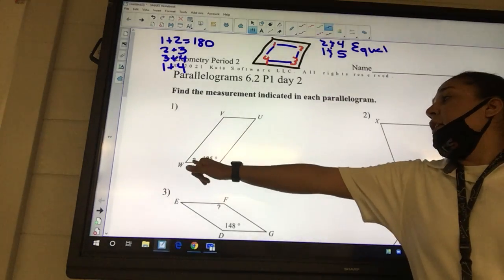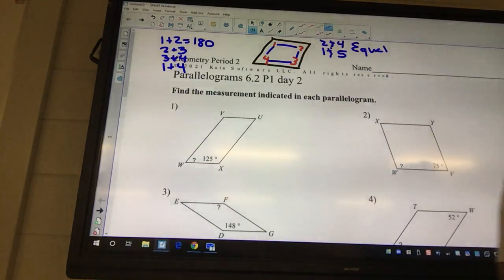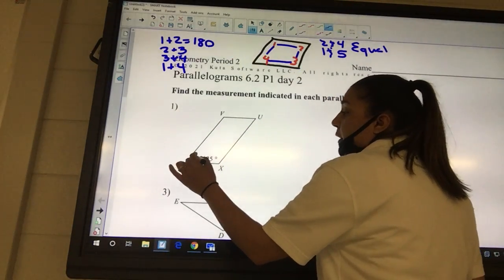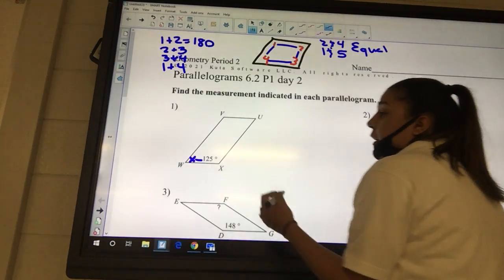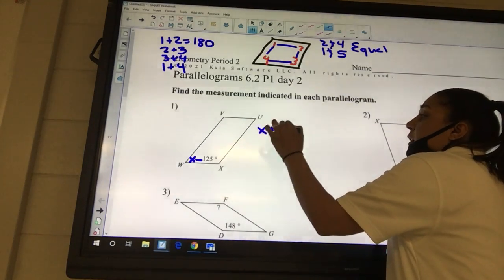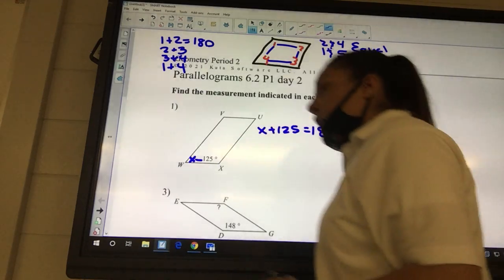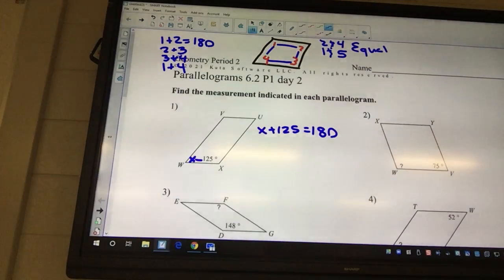So if we look at number 1, are these same sides or opposite sides? They're same sides. So this one plus this one, the question mark, we'll put an X there, is 180. So you're going to say X plus 125 equals 180. How do we finish solving that one? Minus 125 from both sides.